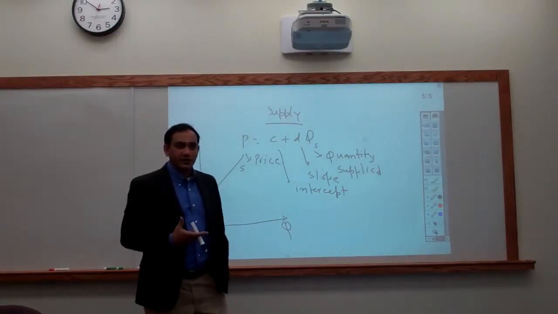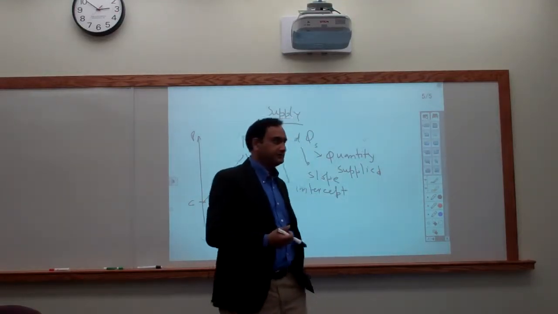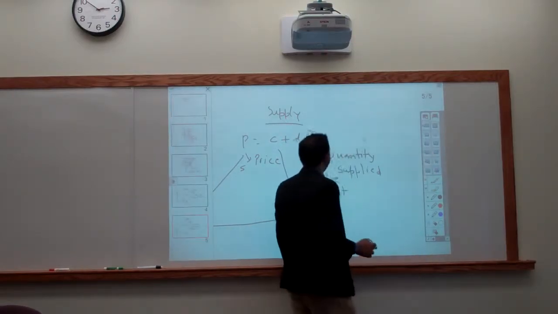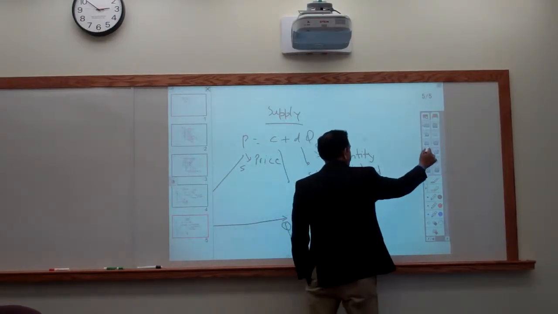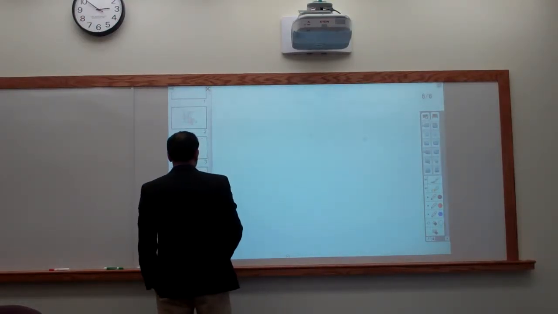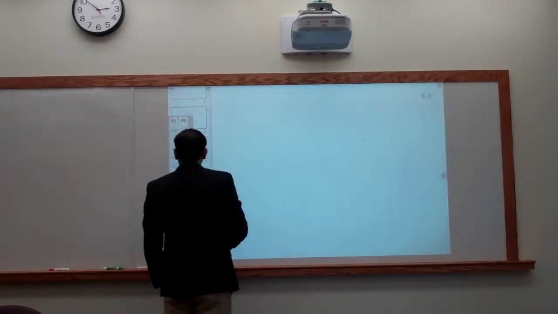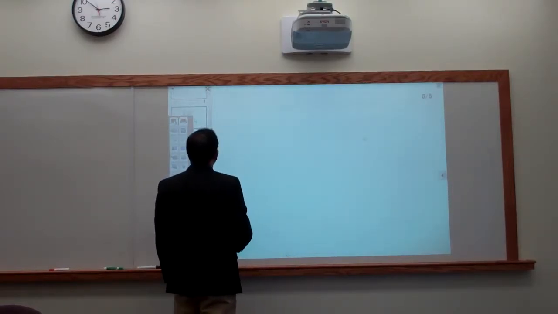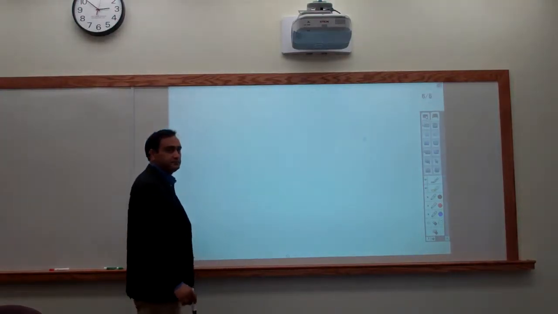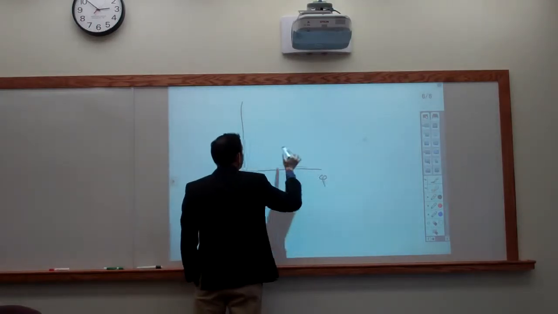Next, we want to find out the equilibrium price and equilibrium quantity using this information. So let's move on to that one. So let me draw the diagram first.